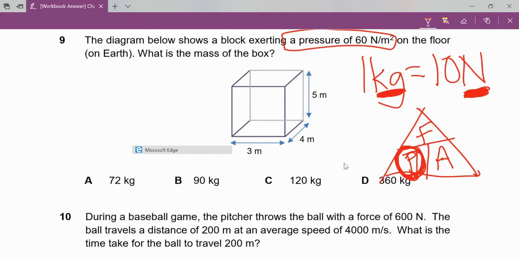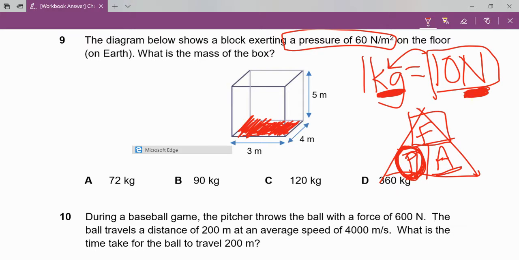From the pressure and the surface area that the box is exerting on the floor, I will be able to find the force exerted downwards, which is affected by gravity. And then from here, I'll be able to convert this to kg.